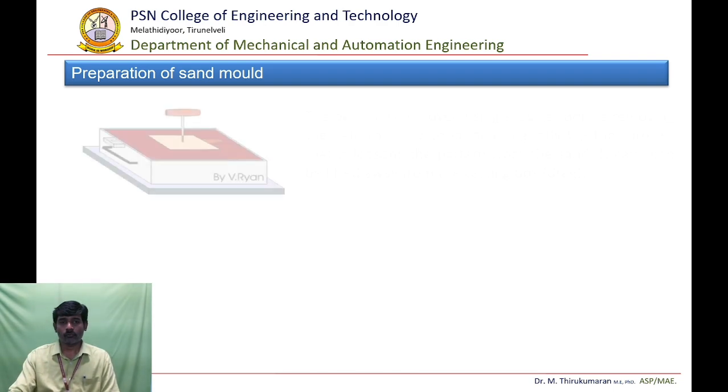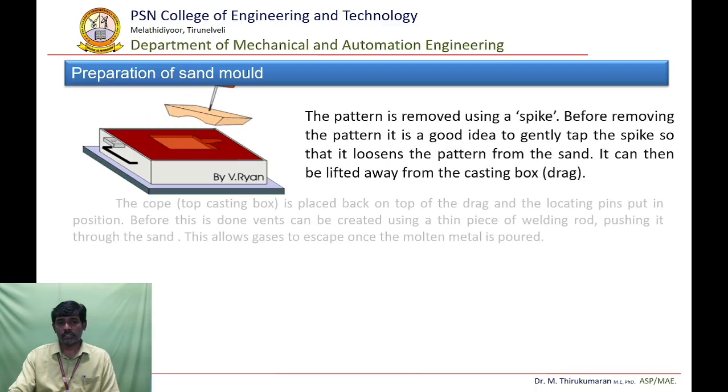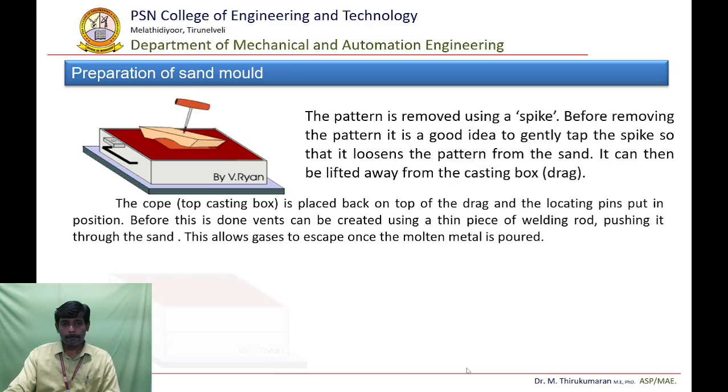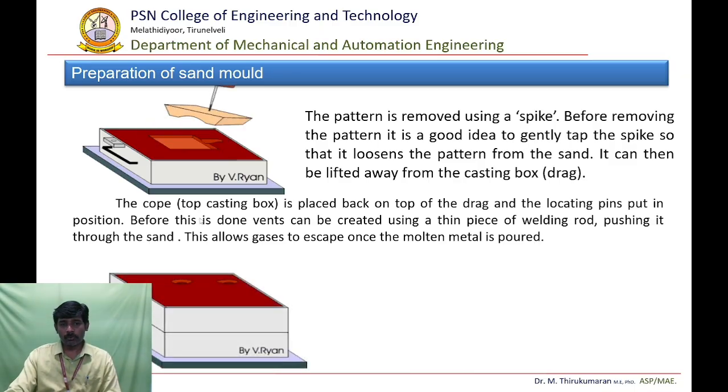So next, remove the solid patterns, okay, with the help of the spike materials. So next, the cope, the top casting process, is placed back on top of the drag and the locating pins are put into position.